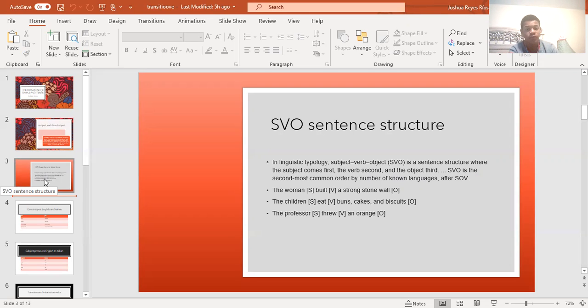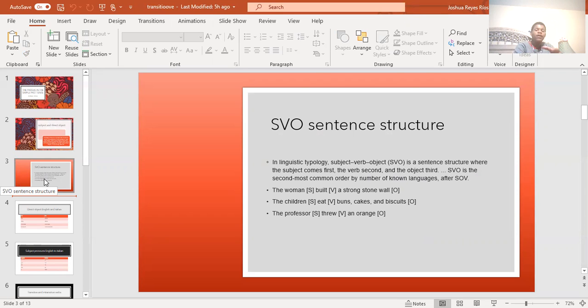The woman built a strong stone wall. The woman is the subject. Built is the verb. It has the subject make an action. A strong stone wall is the object.